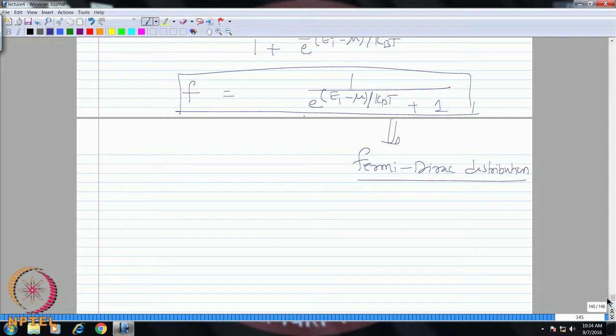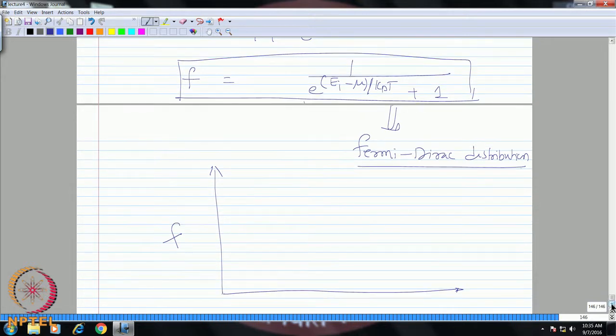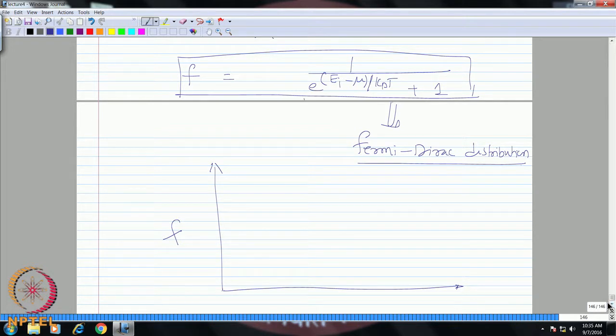Now, if you want to plot this, it is a very important distribution function. On the vertical axis I have this number density distribution corresponding to a particular energy Ei, and on the horizontal axis I can plot, for example, E of I.